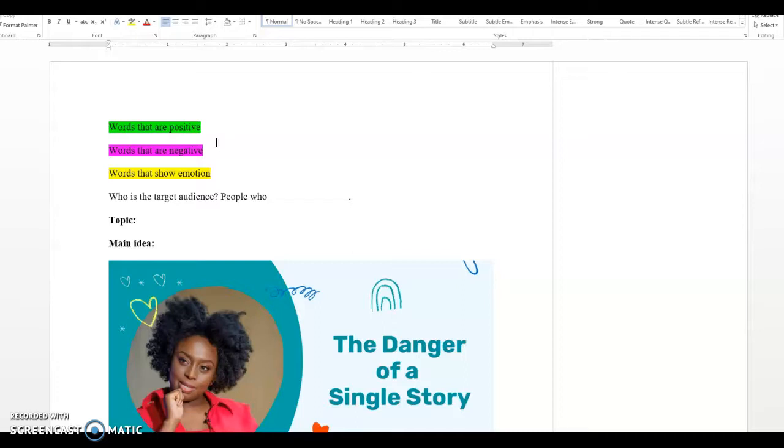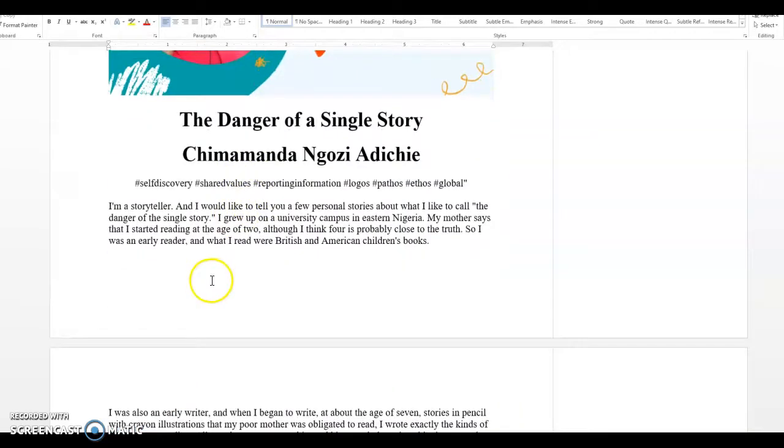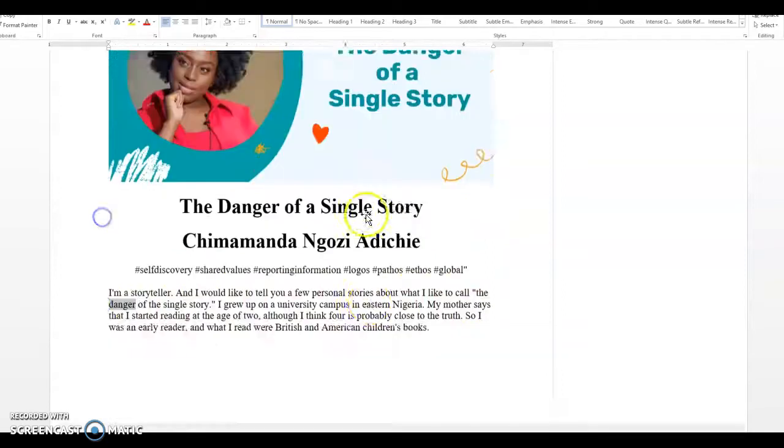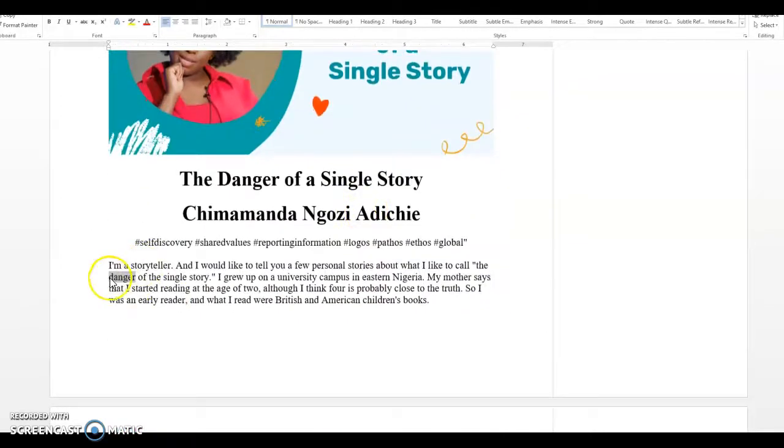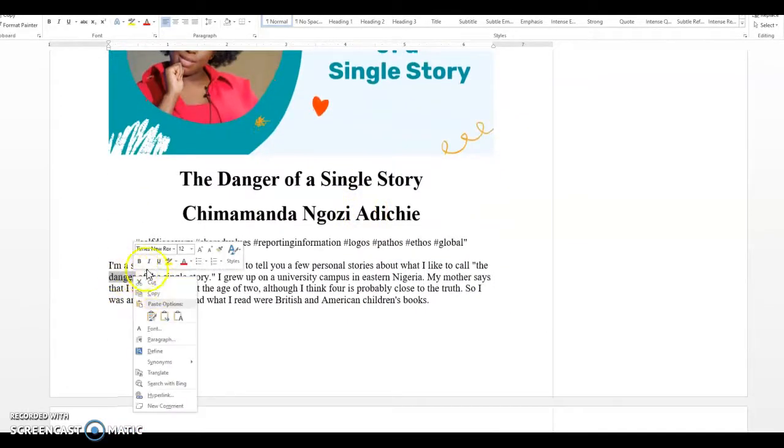The purpose of annotation is to make sure that you're getting the most out of the story that you possibly can. So I'm going to go through and I'm going to say, that sounds not great, so I'm going to highlight that in purple.